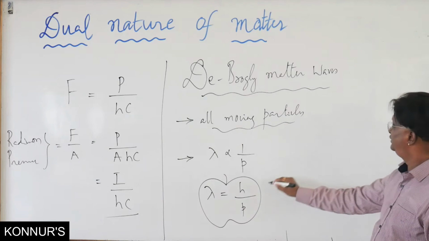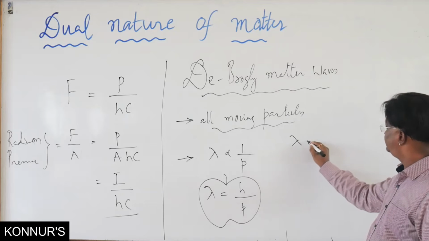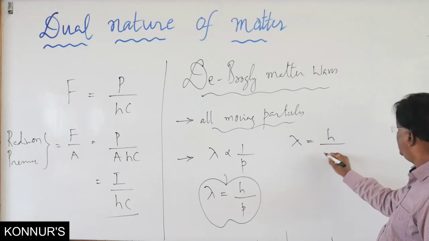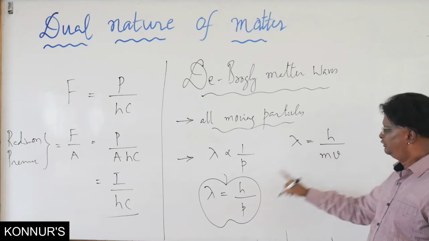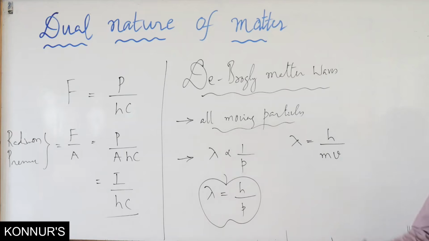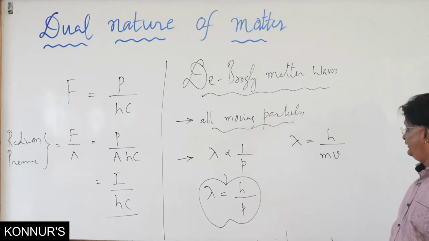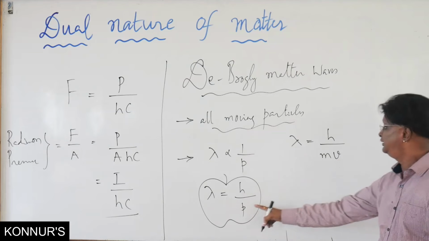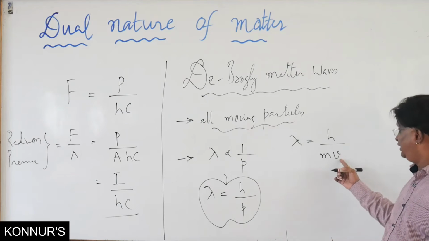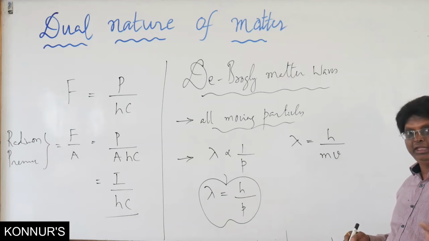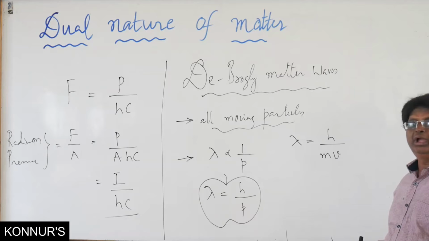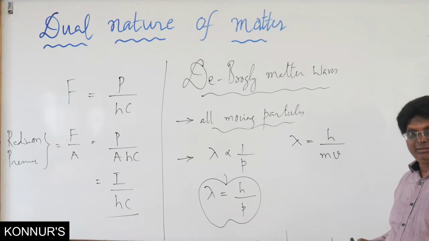How? Suppose I write this as lambda is equal to h by mass times velocity. This is one concept. Next, suppose it is not given in terms of momentum or velocity, but in terms of energy. Then we have that famous expression, the momentum-energy relation that we used even a couple of weeks back.